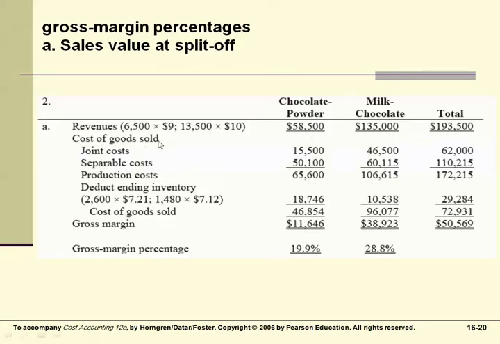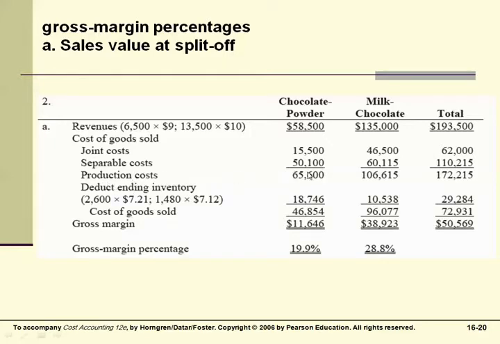Costs of goods sold. We said we have two costs. First, joint costs, and second, separable costs. Joint costs allocated for chocolate powder is 15,500 and its separable cost is 50,100.